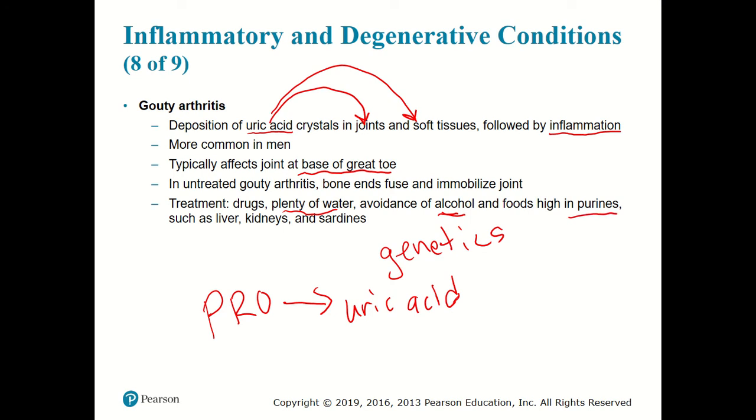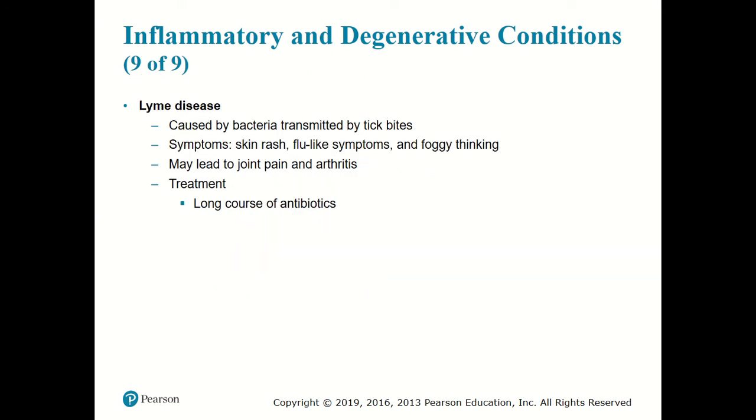Things like liver, kidneys, sardines, and high fatty meats, for example, contain purines, and those purines get broken down to uric acid in the body. Again, avoiding those can lower your gout.